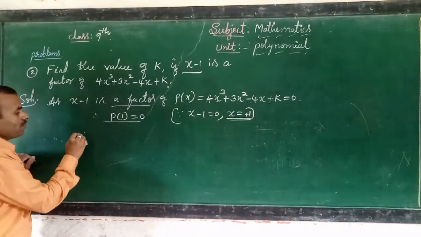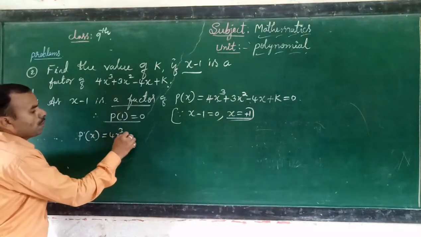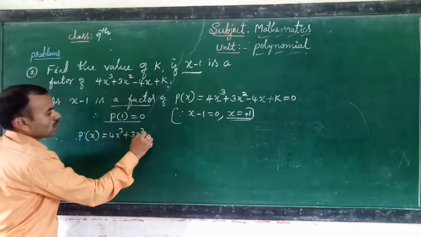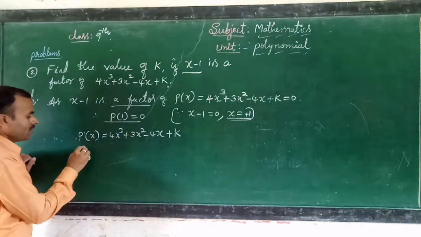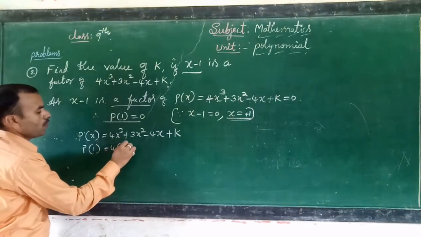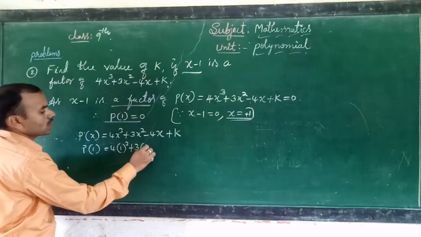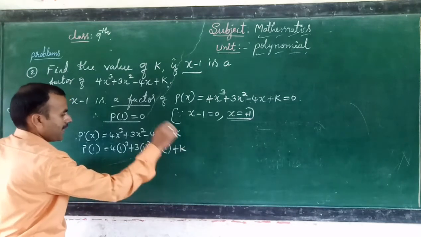So consider P of x equals 4x cube plus 3x square minus 4x plus k. Instead of x put 1: 4 into 1 cube plus 3 into 1 square minus 4 into 1 plus k.